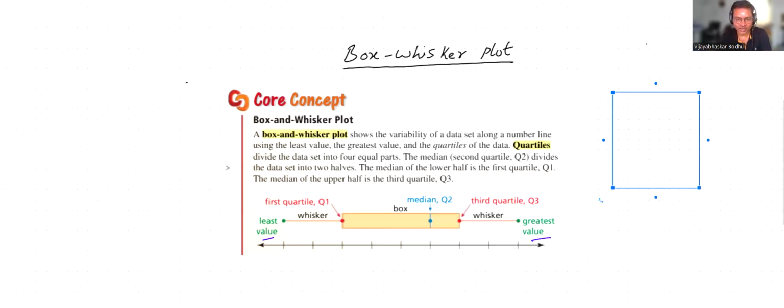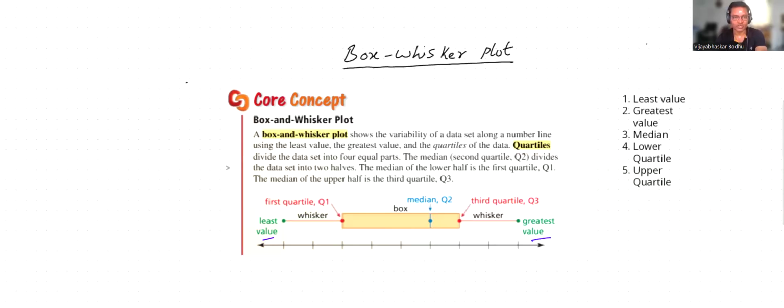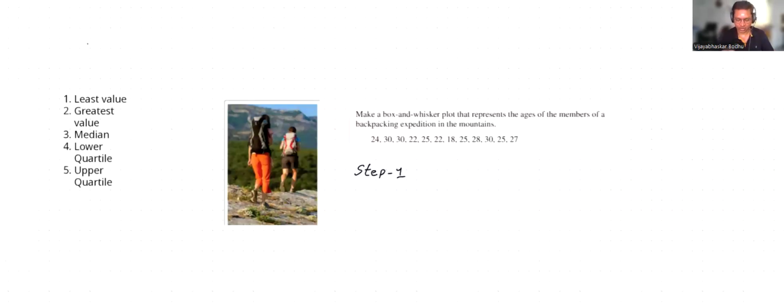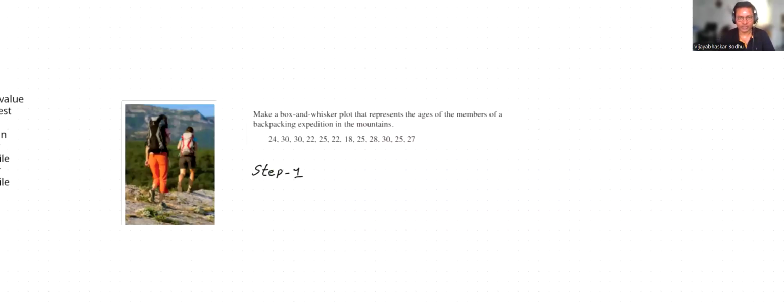Let us understand how to draw it by taking one example. The question is: make a box-whisker plot that represents the ages of the members of a backpacking expedition in the mountains. Some people are going for trekking here.